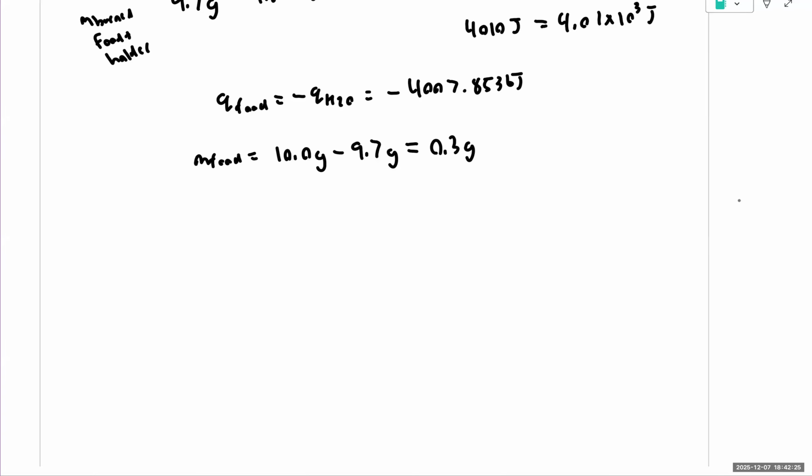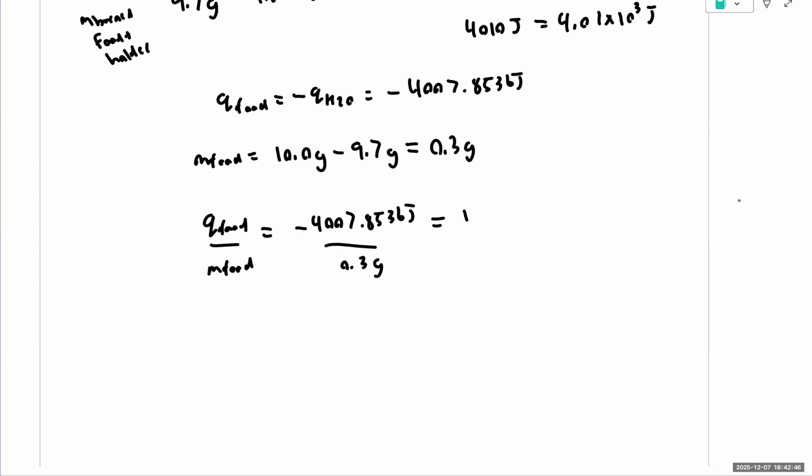So in terms of that, let's calculate that. Q food over M food is equal to 4,007.8536 joules over 0.3 grams.